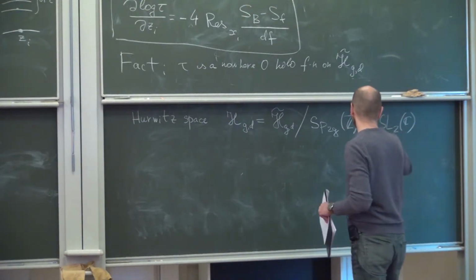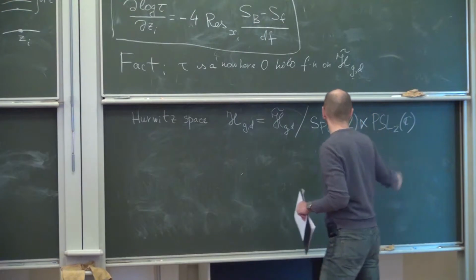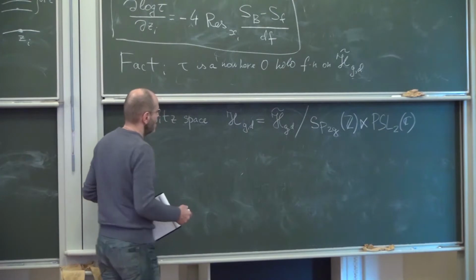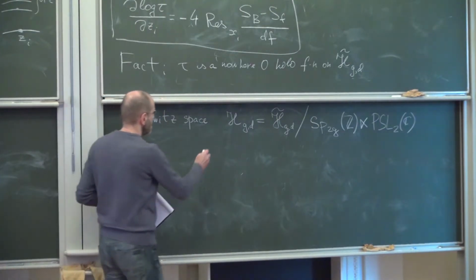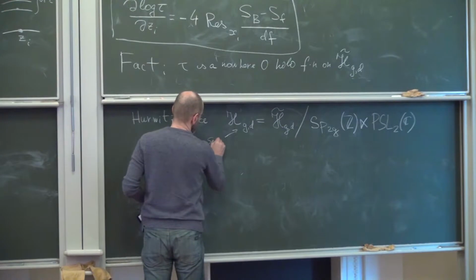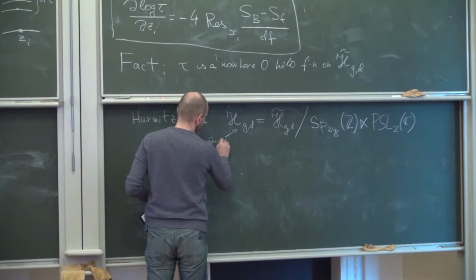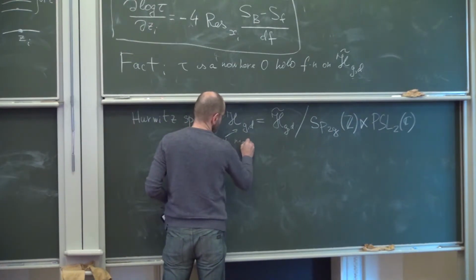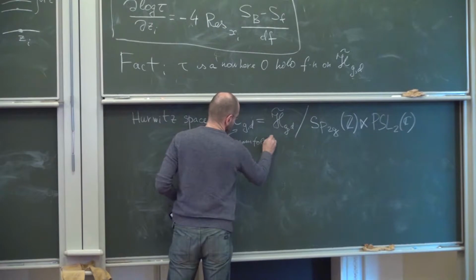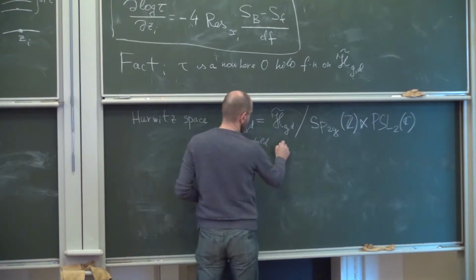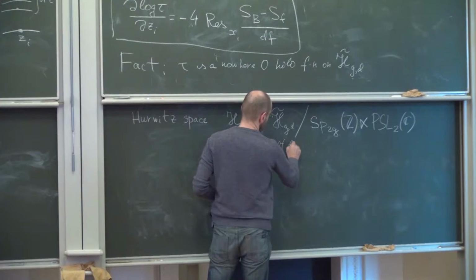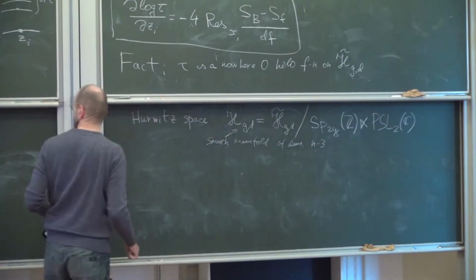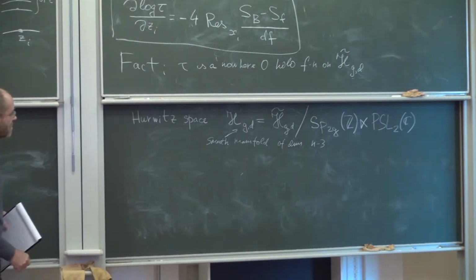So after factorizing by this group, by this semi-direct product, we get a smooth complex manifold. But now its dimension is 3 less, so its dimension is n minus 3, or 2G plus 2D minus 5.